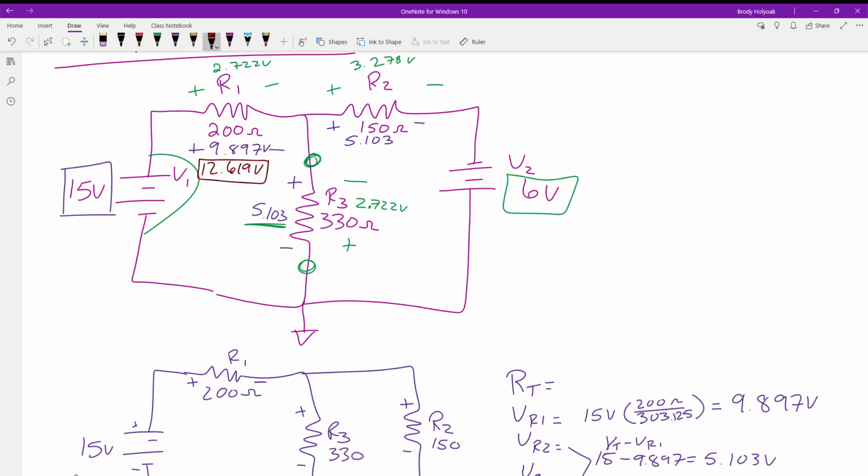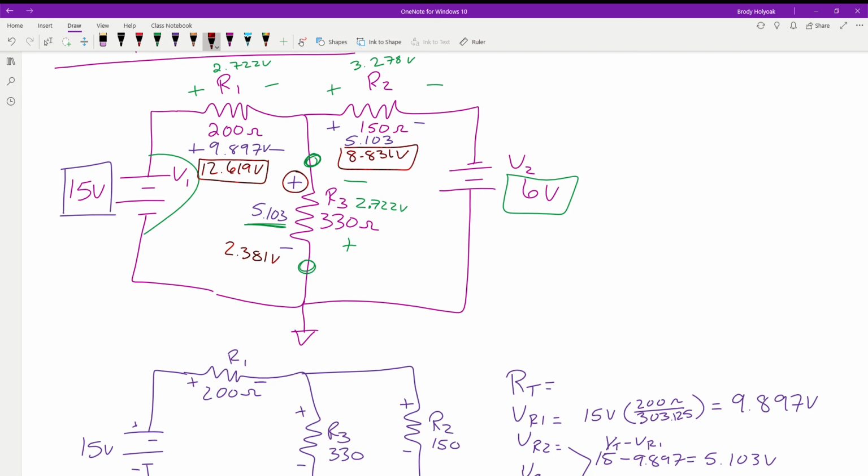How much? And then the last value, R3: 2.381 volts, with this one being dominant.